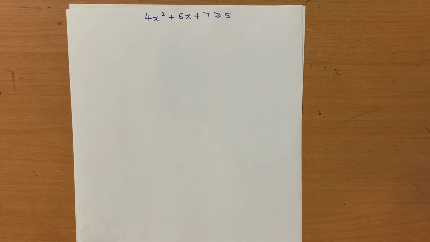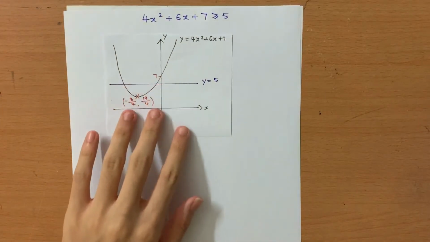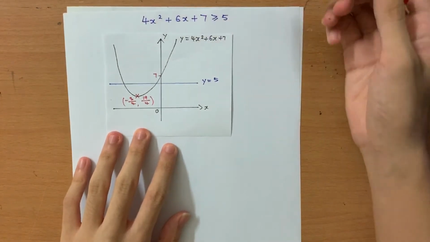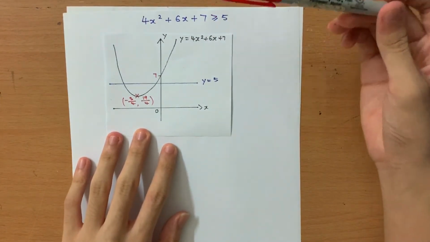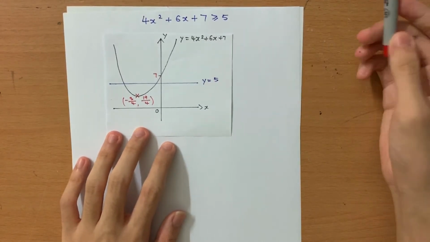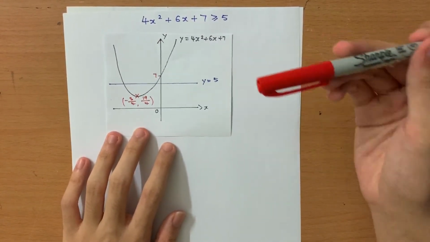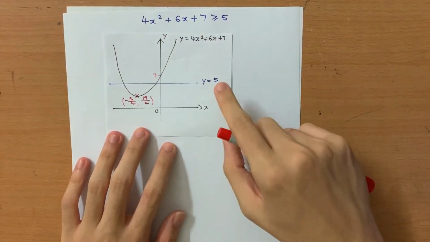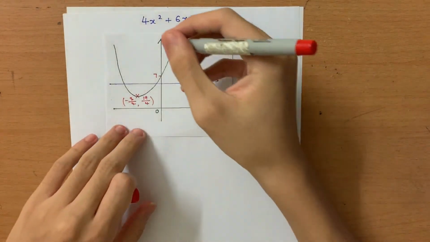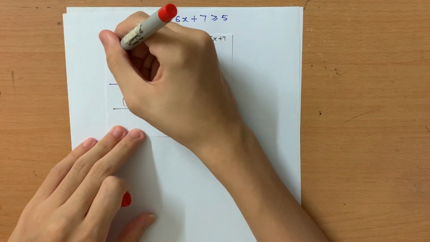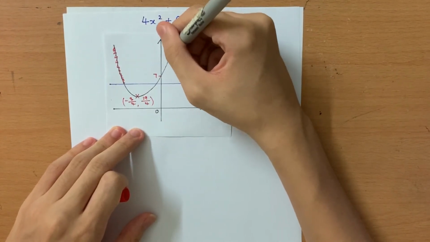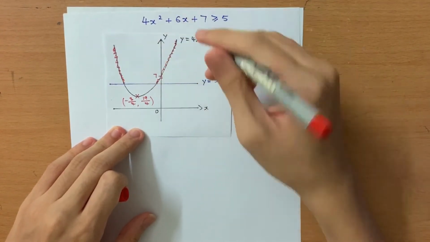This is the case: the quadratic curve is a U shape because the coefficient of x squared is more than 0, it is positive. And then there's y equals 5, the horizontal line. Now we want the curve to be more than y equals 5, so we want the portions of the curve above the y equals 5 line.